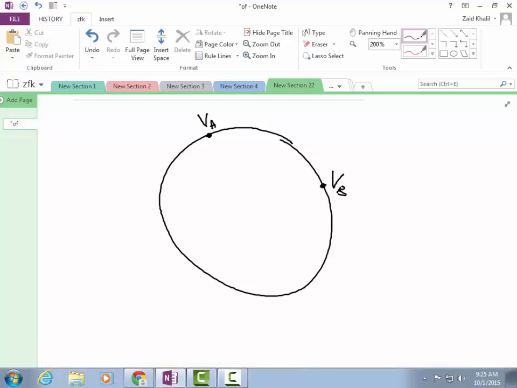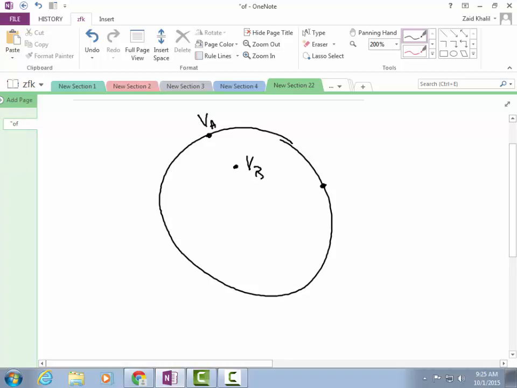And similarly, let's suppose that you have a solid conductor, a metal ball, and there was a potential difference inside this metal ball to the outside surface.